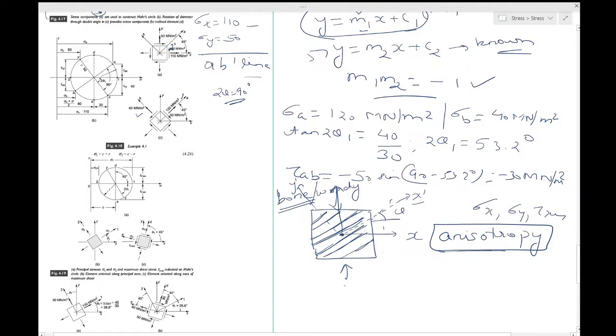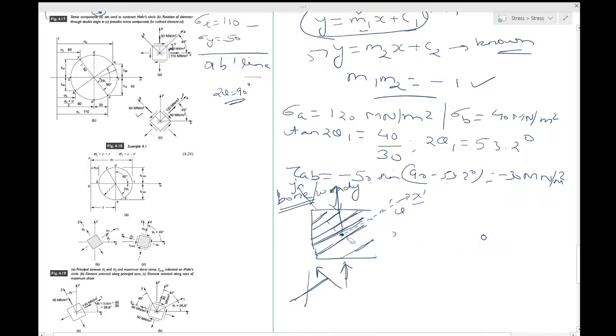As I've said, it is much stronger along the direction of the fibers. So when you try to break it, it will be much harder to break along these directions compared to this direction. That's the reason why you would want to transform the stress components to any direction.